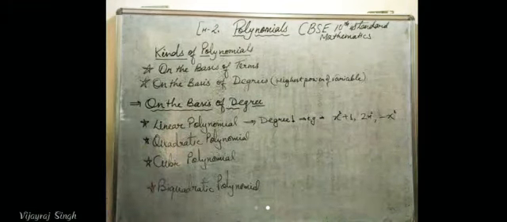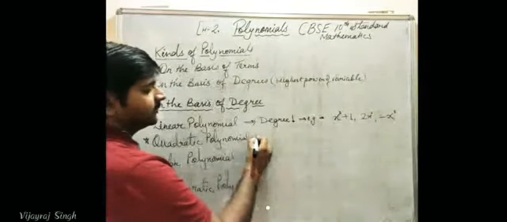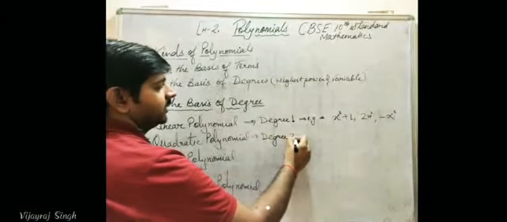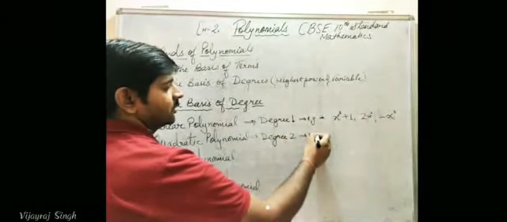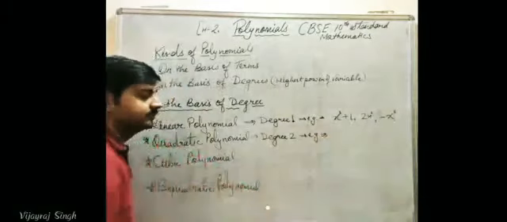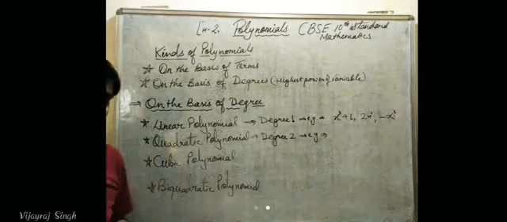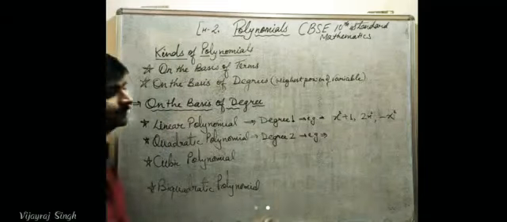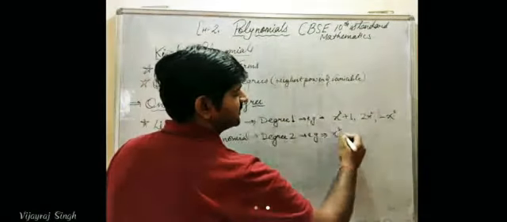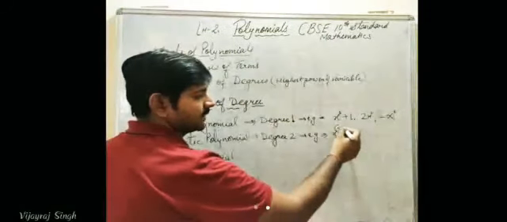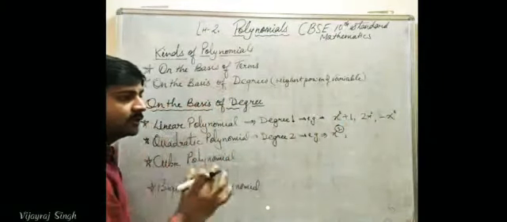The second kind is quadratic polynomial. Quadratic polynomial means degree 2. Degree 2 means the highest power will be 2. Suppose a monomial is written x square, its highest power is 2, that's why it is a quadratic polynomial.